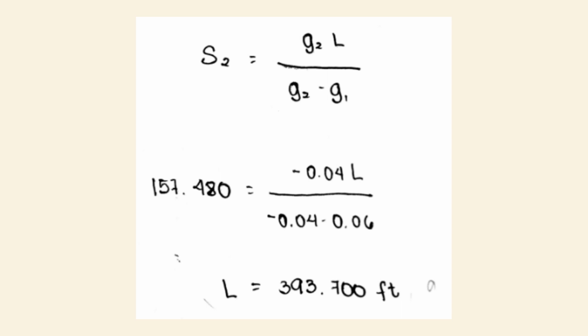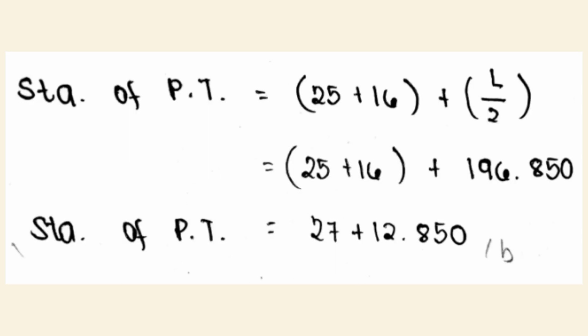So now our L would be 393.700 feet. Next, the stationing of the PT is equal to 25 and 16 plus L over 2. We have 25 and 16 plus 196.850.